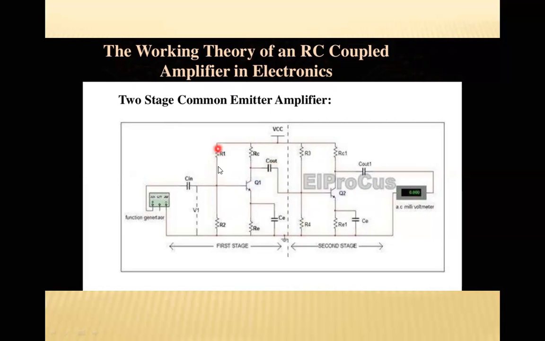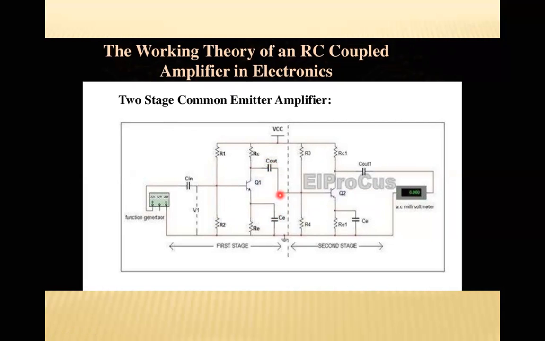You can see in the circuit, in the same way, this R1 and R2 and RE are for proper biasing. We have used an NPN transistor in common emitter configuration. This is a bypass capacitor, and this is the coupling capacitor.